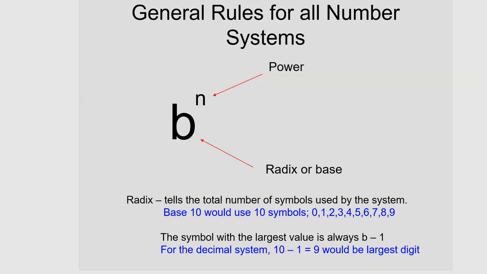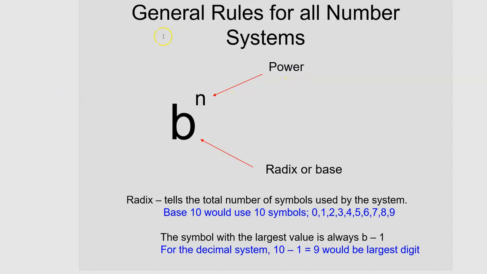And so that type of number system is called binary. We're going to talk about several number systems throughout the week and different codes. But the two most important ones are base 10, the one that humans use, base 2, the one that machines use, and being able to go between the two number systems. So we'll talk about that. But this very first slide talks about general rules for all number systems.